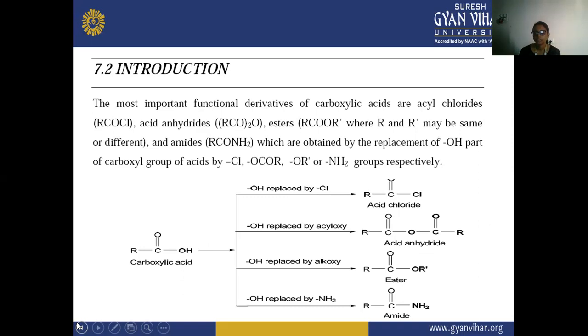In ester, it is RCOOR', where R and R' may be the same or different. So in this ester, two alkyl groups are attached, and both of these R groups can be the same or they can be different.